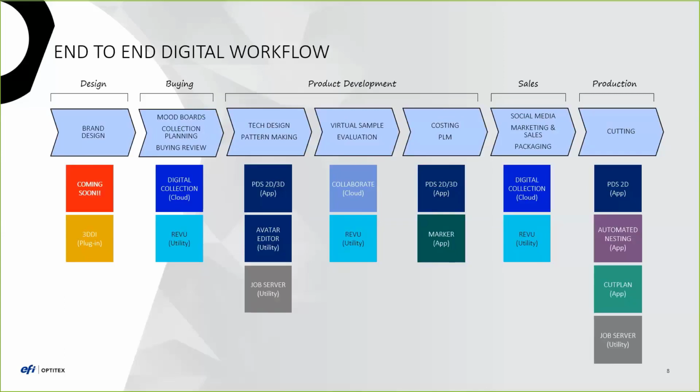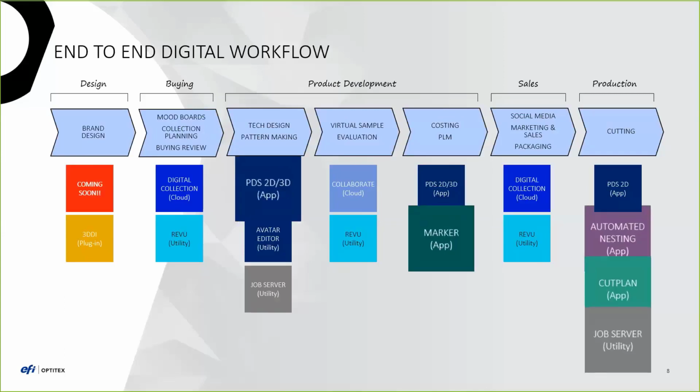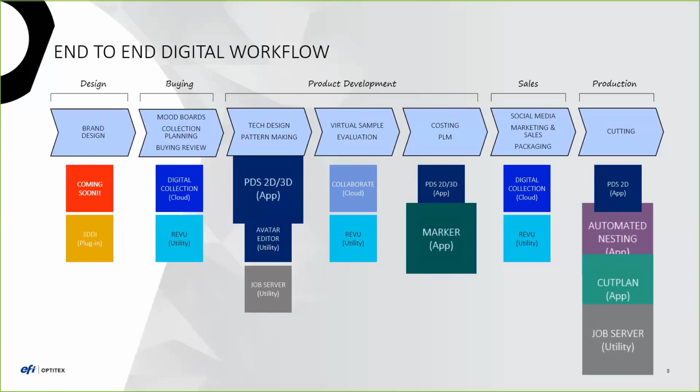The focus for this webinar is going to be the 2D tools, which is what is needed to build the foundation of efficient production with a solid pattern base. So we're going to focus on our PDS software, marker, nesting tools, and then we'll touch a little bit on our cut plan and job server functionalities.